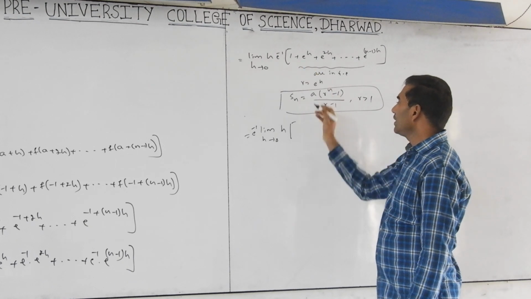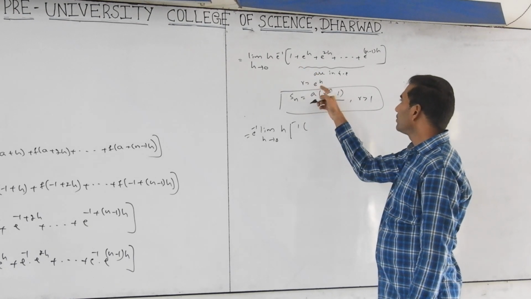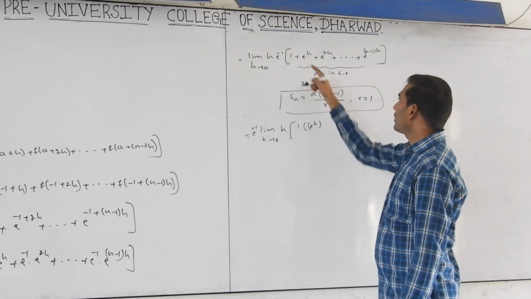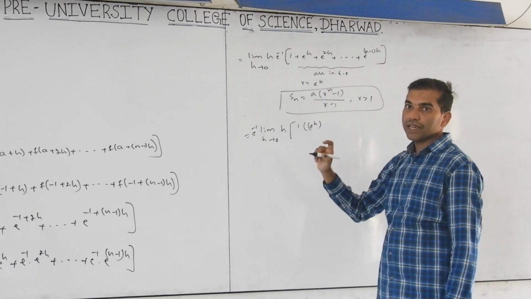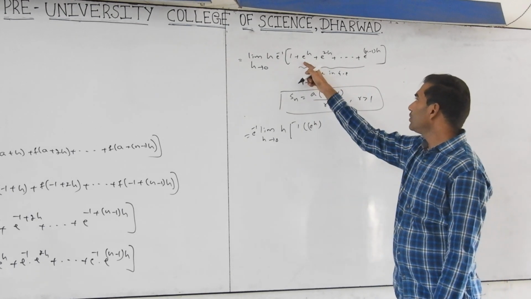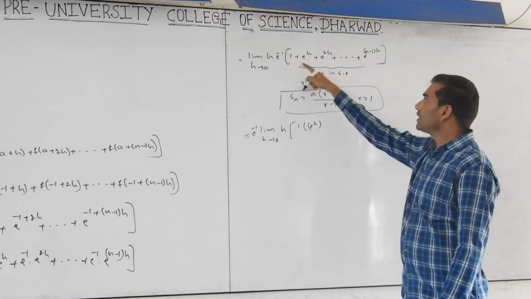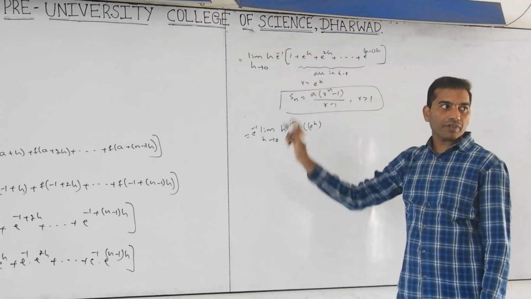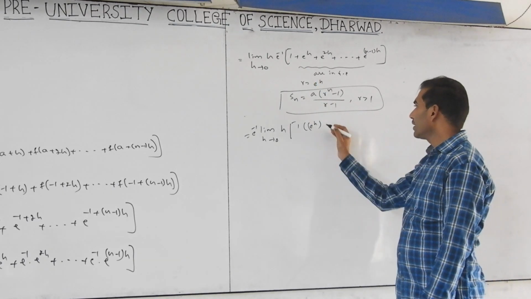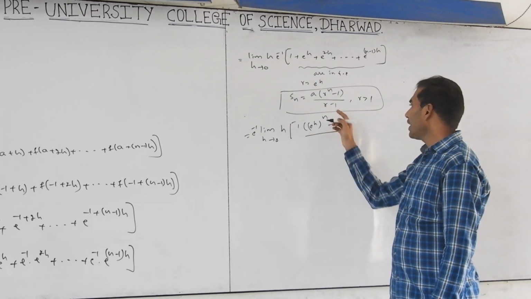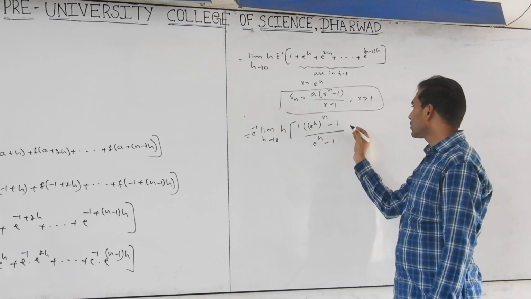What is the a? 1. r is e raised to h. Number of terms? Up to n minus 1: 1, 2, 3, n minus 1, next extra 1 is there. So total number of terms n. So e power n h minus 1 by e power h minus 1.